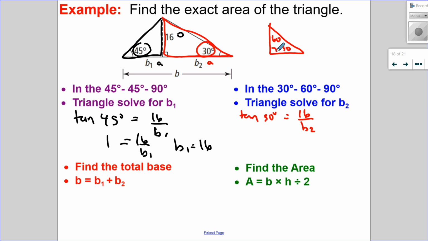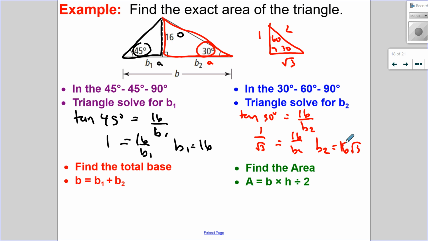So remember that I said sine of 30 is 1 over 2, and the root 3 goes along the 30-degree side. So tangent of 30, opposite over adjacent, would be 1 over root 3, which is the same as 16 over base 2. So to solve for base 2, I'm just going to cross multiply and divide, and I get that base 2 is 16 root 3.